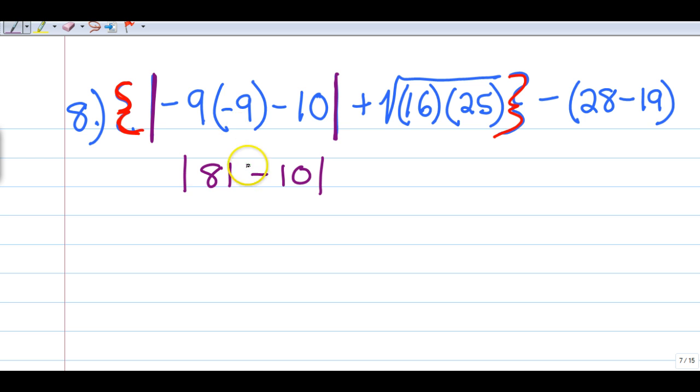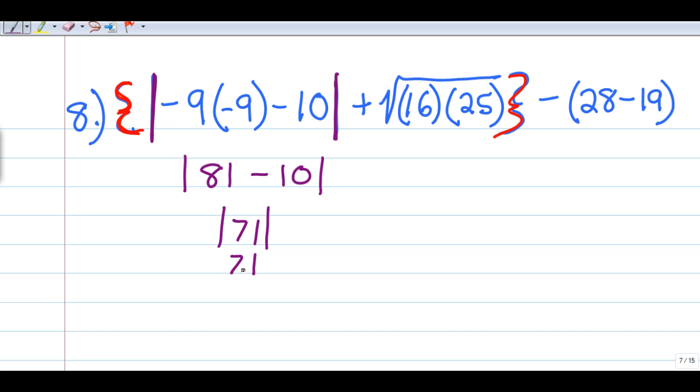Next, we see that we're going to take that 81 minus 10 to create a 71, still leaving it inside the absolute value bars. Now we want to take the absolute value of 71. An absolute value is how many places our number is from 0. 71 is 71 places from 0.